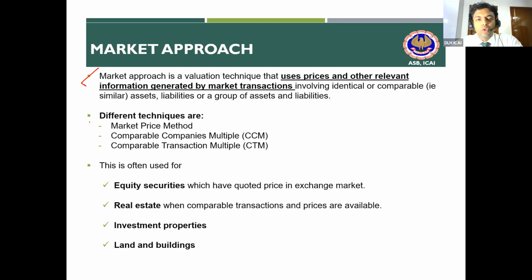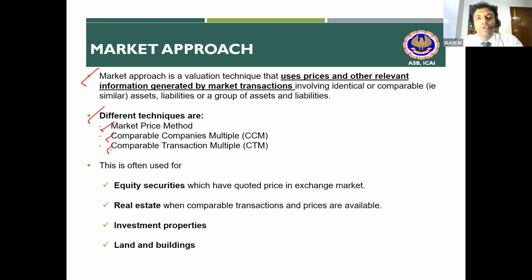There are different approaches. What are the different techniques within the market approach? Market price method, comparable companies multiple, comparable transaction multiples. What is market price method? Where the price has been taken from the market. For example, if I need to value a land, right? So I need to consider what is the price which is going in the particular market, particular locality, whether any restrictions have been attached to that.